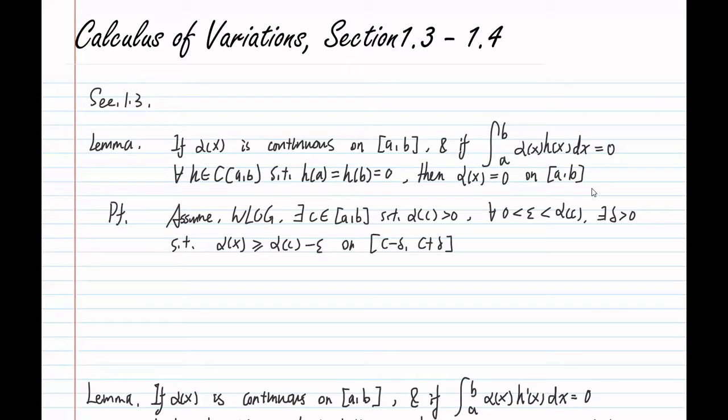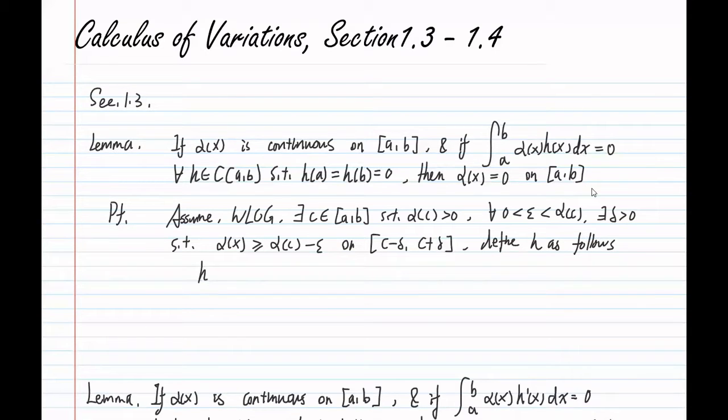Now I want to define a function h such that h is in C[a,b] and also h(a) equals h(b) equals 0. So we define h as follows.